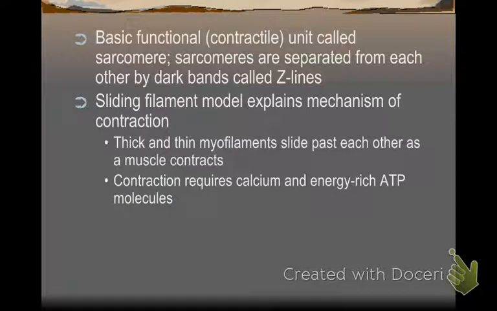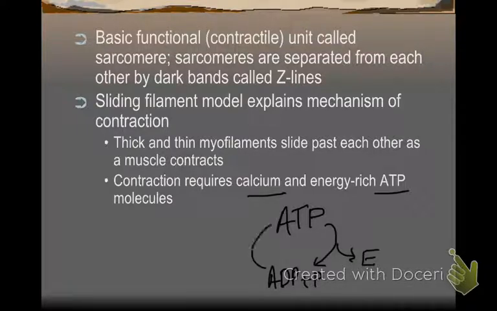So the two things that are required to allow those Z bands to get closer to each other are calcium and ATP. And I hope that you remember that ATP can be turned into ADP plus a phosphate and energy is released. But if you add energy in, you can take ADP plus phosphate and turn it back into ATP.